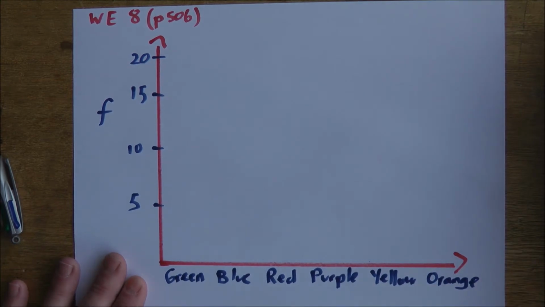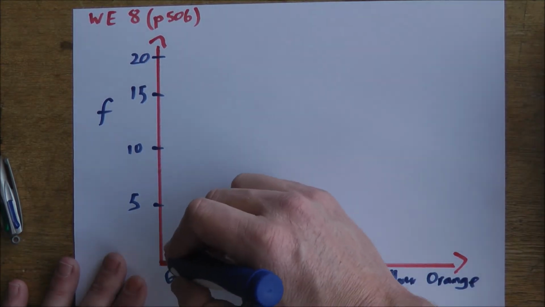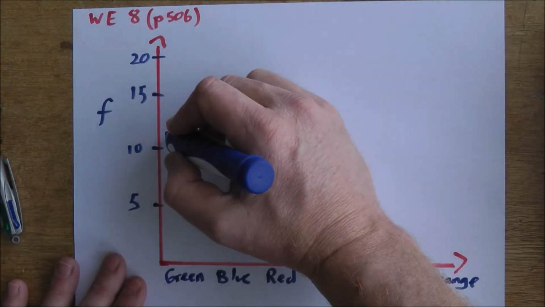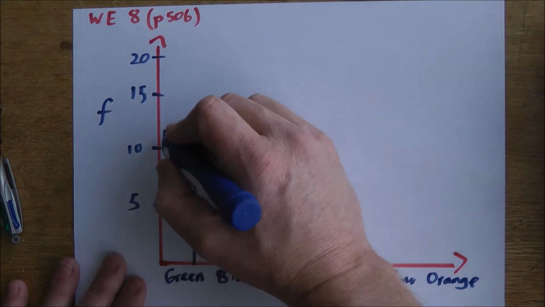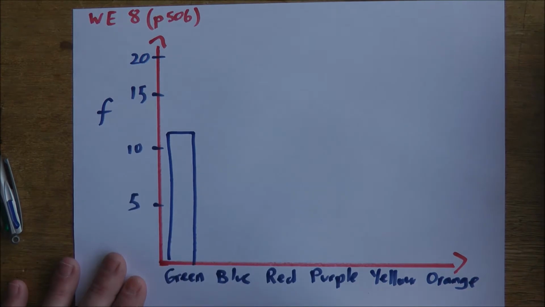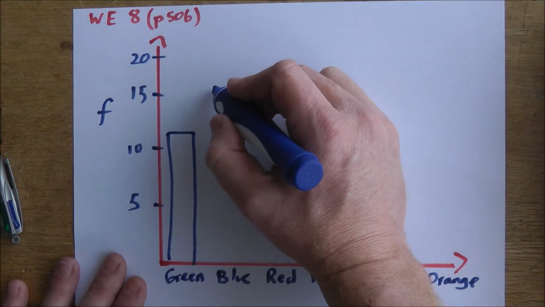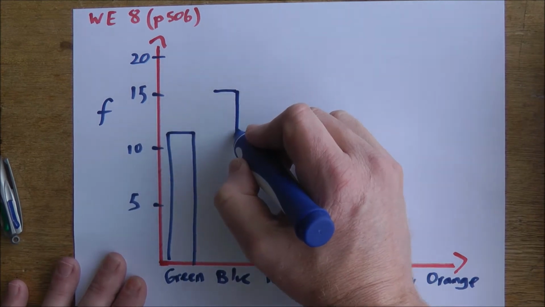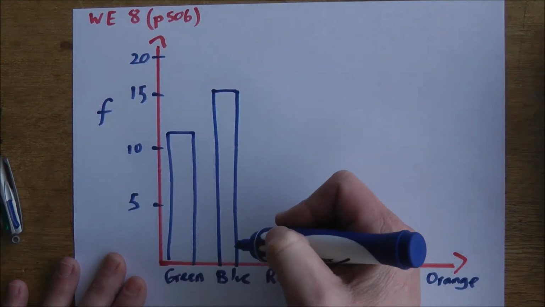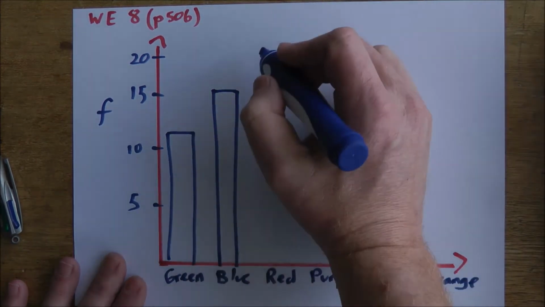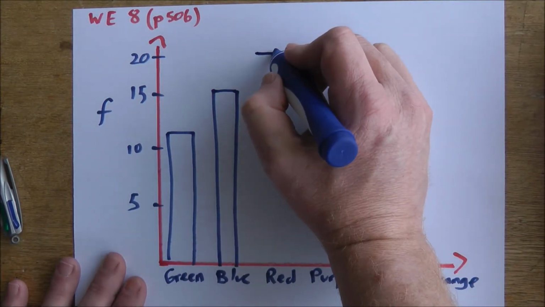Okay, and all we do is we draw a bar for each one. So under green we had 12 responses. So we would use a ruler and draw a line up to 12. And you'd do that with your ruler. The blue we had 15 responses, so that's there. Red was 19, that was our big one, so just short of 20.